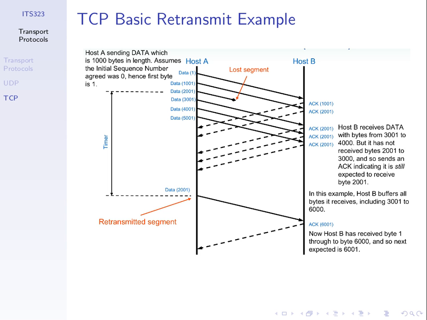So this one ACK effectively acknowledges these 4 segments. It's a cumulative ACK. And now A knows it has sent 6,000 bytes and those 6,000 bytes have been ACKed, and B has received those 6,000 bytes. Now we can move on to more data in the future. So this is the basic retransmission scheme of TCP.